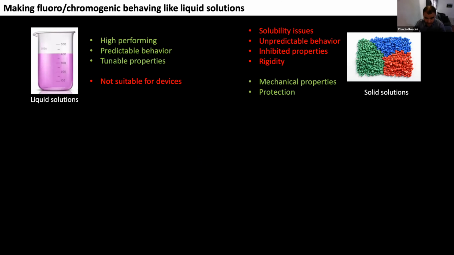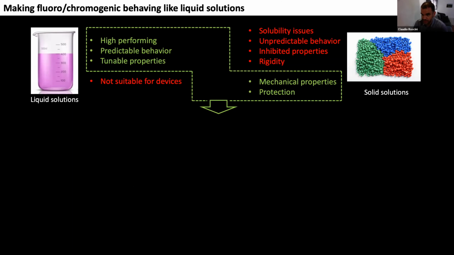So our idea is to combine the best of the two worlds, the best properties that you have usually in solution, with the mechanical properties that the solid polymer materials provide.